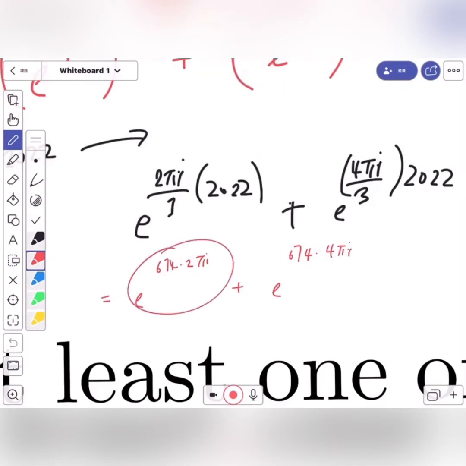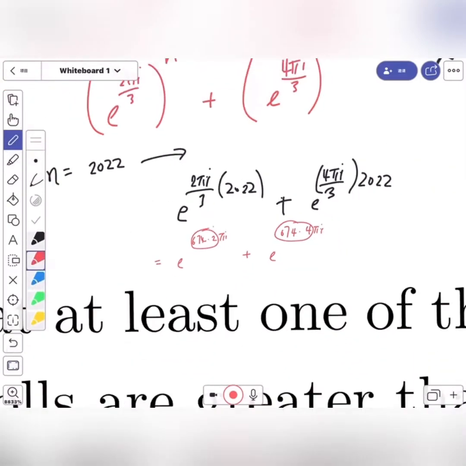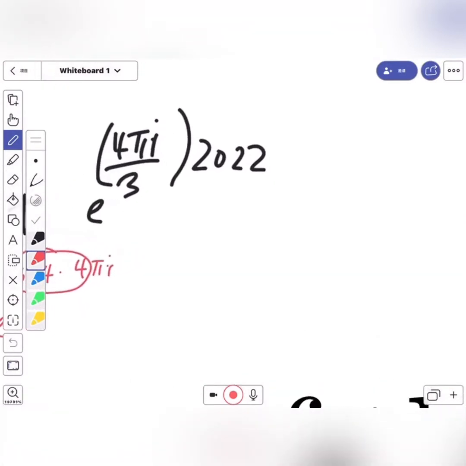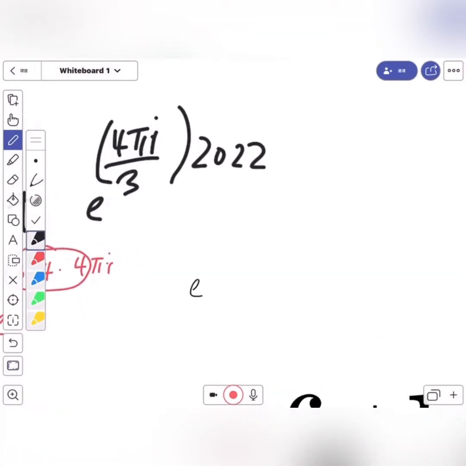Now both of these are even. And we know that if e to the 2 pi i to the k, where k is an integer, then this is equal to 1.